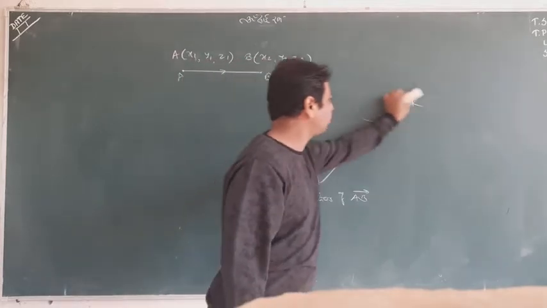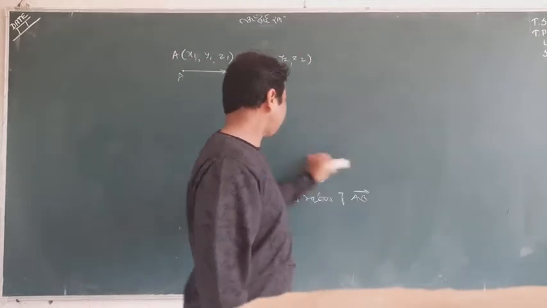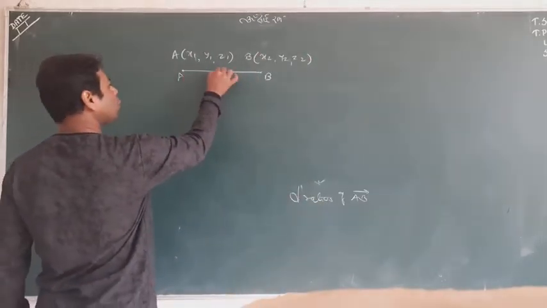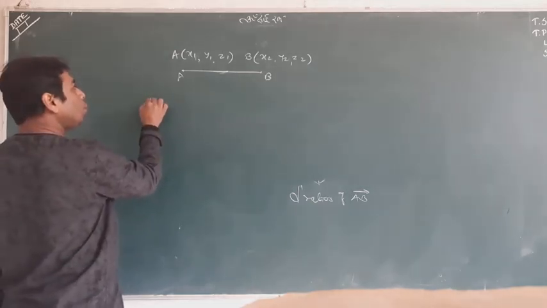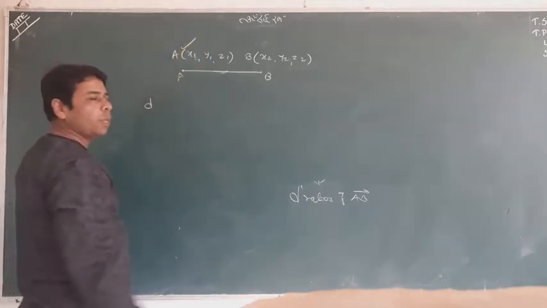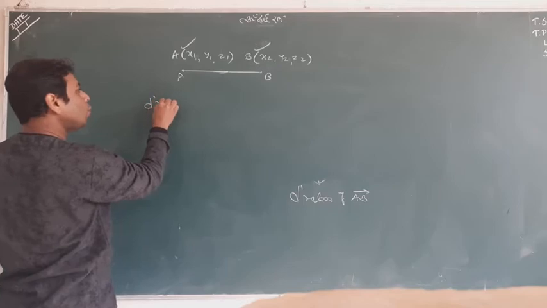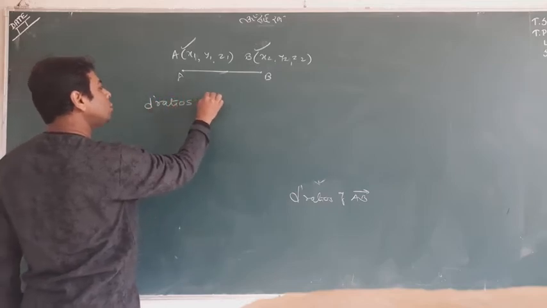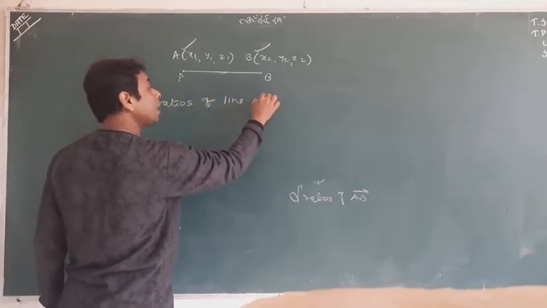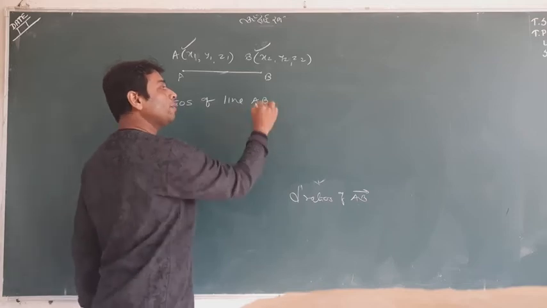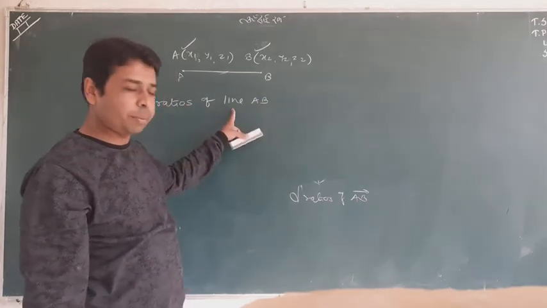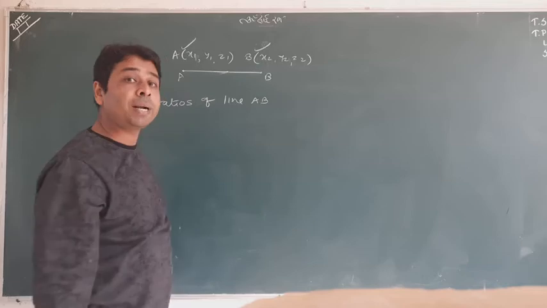Now I am rubbing this out and writing it in the same line without vector. If A is this and B is this, what are the direction ratios of line AB? I am saying it is line AB and I am not using a vector, but the answer is the same.